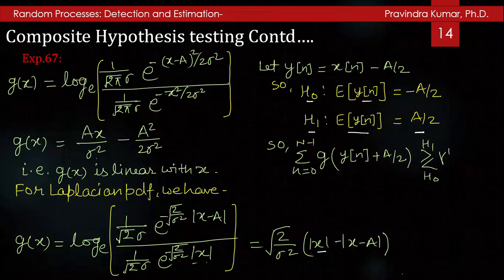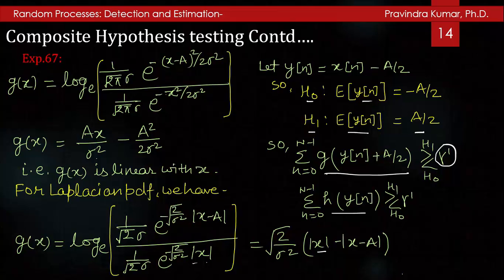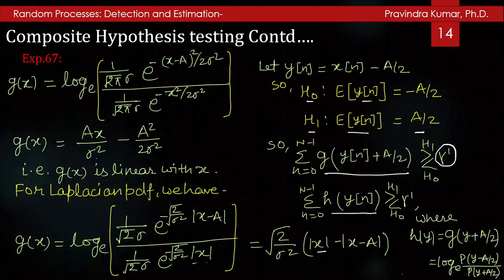So you can have summation n=0 to N minus 1, the log likelihood function will be summation n=0 to N minus 1 g(y[n] plus A by 2) greater than or less than the threshold value gamma dash. You can also write summation n=0 to N minus 1 h(y[n]) greater than or less than gamma dash, where h(y) will be g(y plus A by 2), that is log e P(y minus A by 2) to P(y plus A by 2).